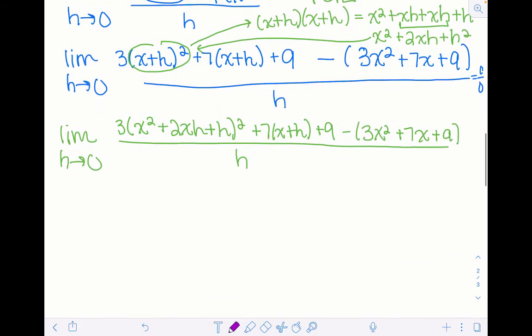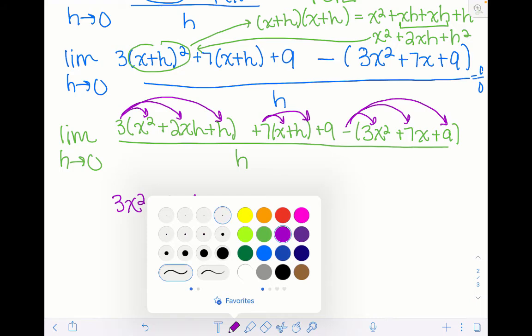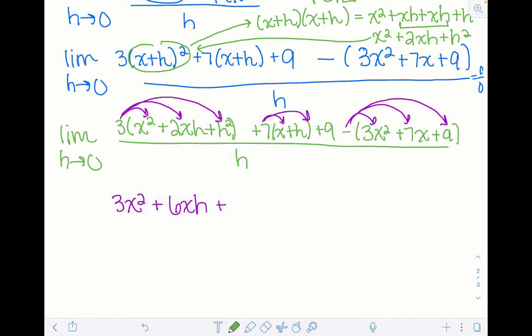Okay, so now I'll do some distributing, and I realized here that squared shouldn't be there. So that 3, since it was multiplied, is going to get distributed to those 3 terms. The 7, I'll distribute, and the negative as well, making sure to change all the signs of everything after that. So that gives me 3x squared plus 6xh plus, I see what I had done with my square before, it's h squared.